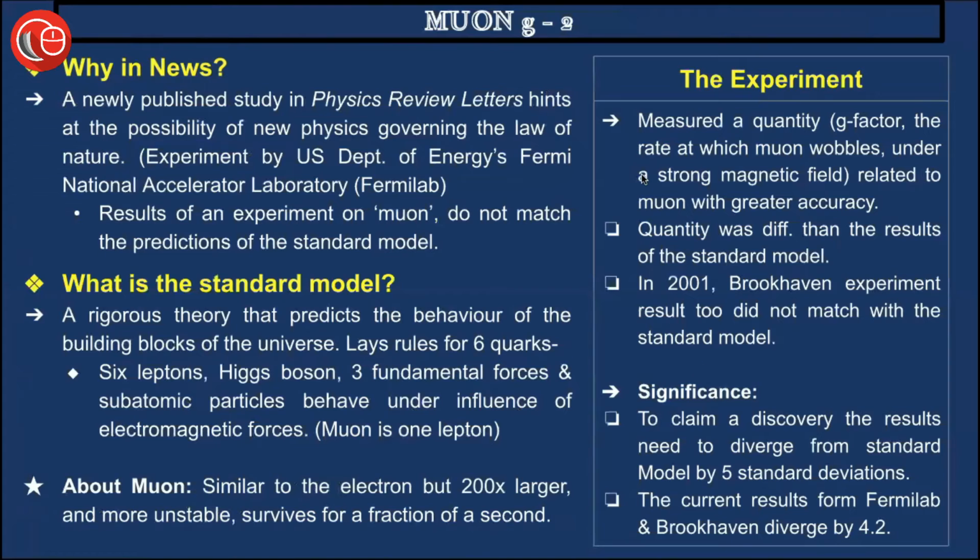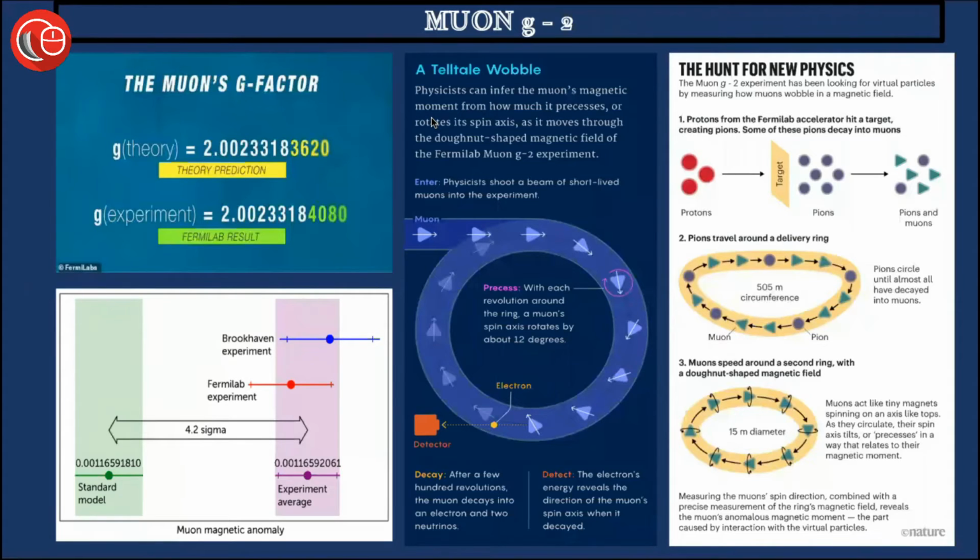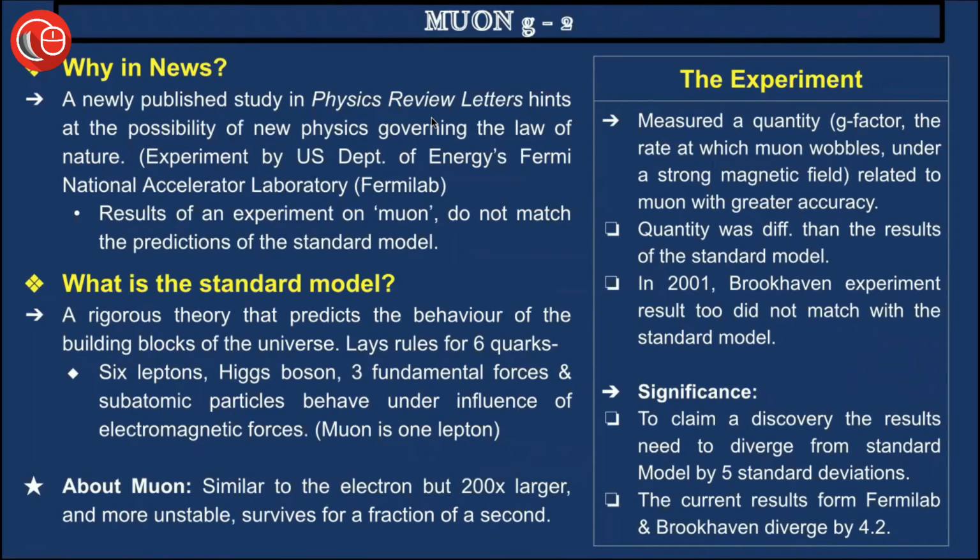Moving ahead, this article is regarding the subatomic particle Muon G-2. Recently, a newly published result in Physical Review Letters hints at the possibility of new physics governing the laws of nature.